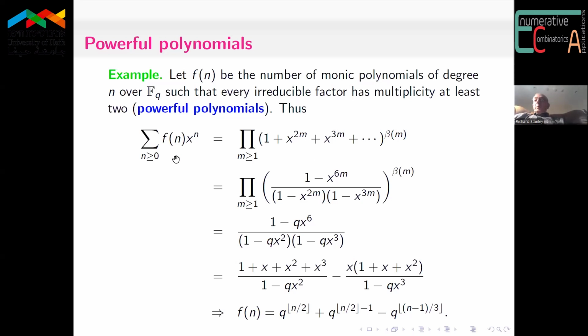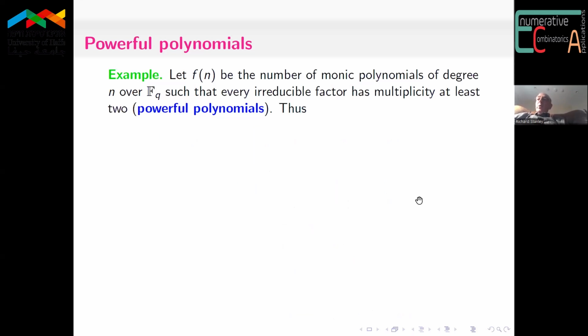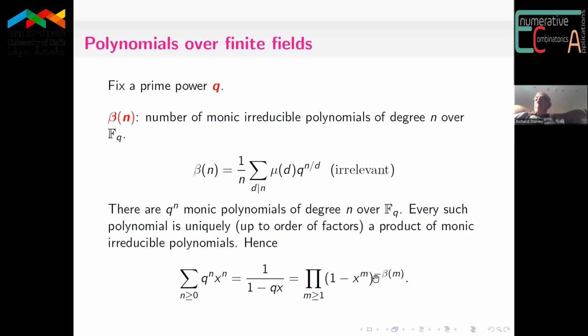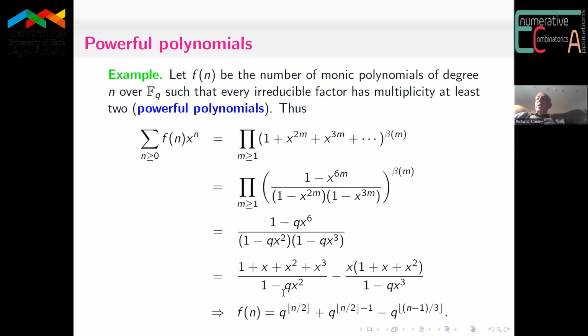And we're in familiar territory with this sum we saw before. It's 1 minus x to the 6m over 1 minus x to the 2m, 1 minus x to the 3m. And now we just have to apply this identity, but with x replaced by x squared, x cubed, and x to the 6th.